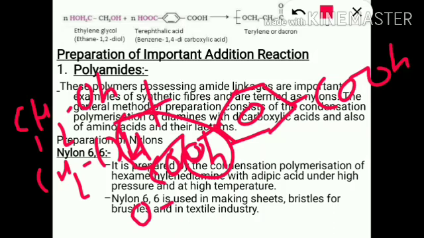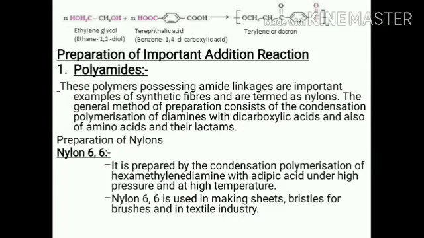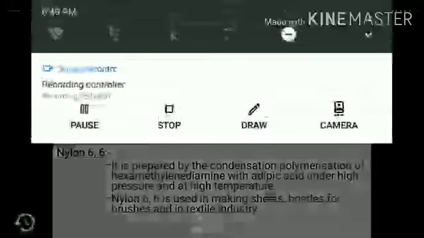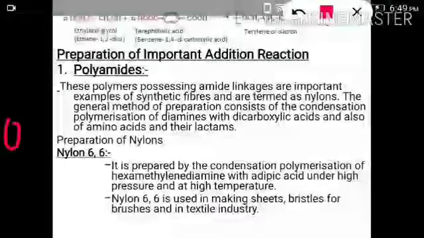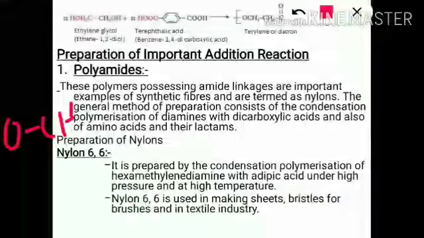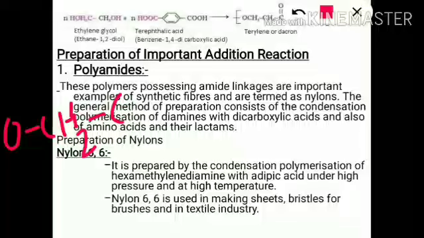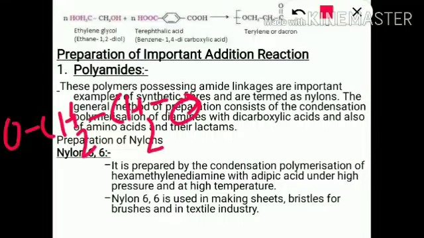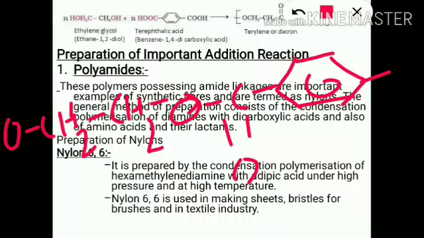O single bond CH2, single bond CH2, single bond O, single bond C double bond O, then the benzene molecule, again COOH.